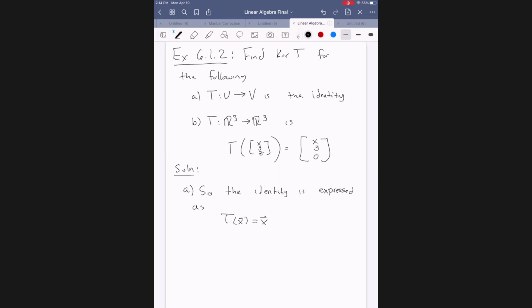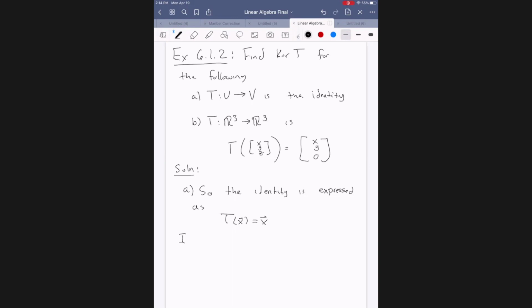So what is the kernel of this thing? The only thing that could get mapped to 0 is if I give it the 0 vector, it'll give me back the 0 vector. Is any other vector that's not 0 going to give me the 0 vector? Of course not, right? It's just going to give me back the vector itself.